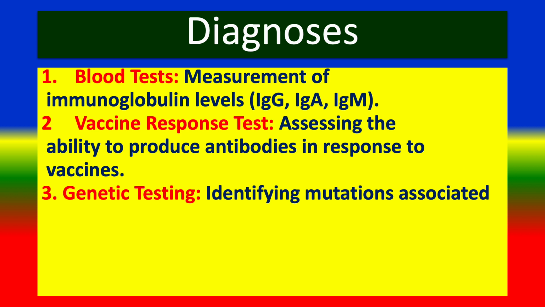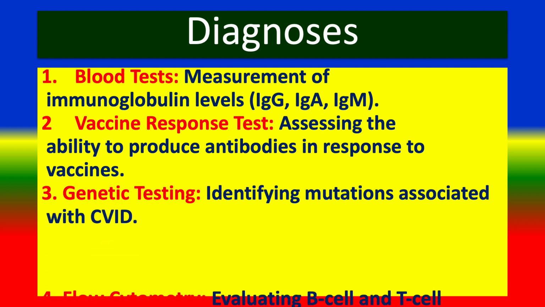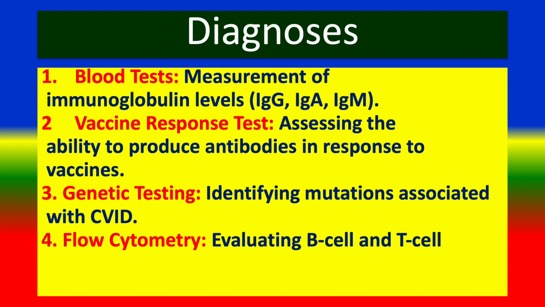Genetic test, identifying mutations associated with CVID. 4. Flow cytometry, evaluating B cell and T cell populations.